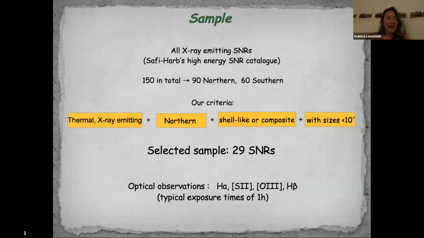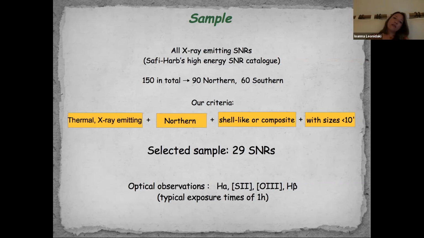So, in order to have a sample, as a first step we didn't start by observing all 300 SNRs, but we started with the X-ray emitting ones. We searched Green's catalog and Safi-Harb's high energy SNR catalog for every SNR that has been observed and detected in the X-rays with any satellite, be it Chandra, ROSAT, or ASCA.